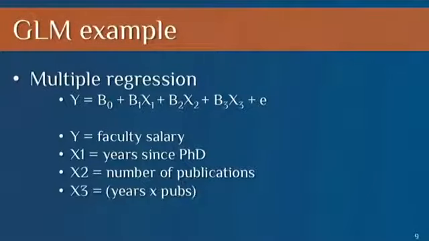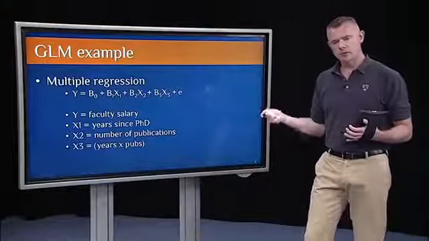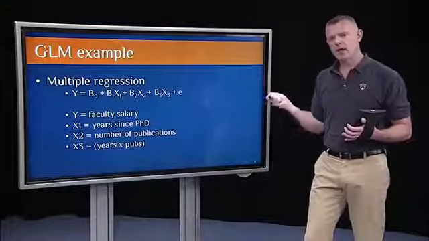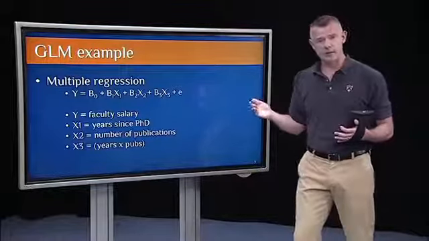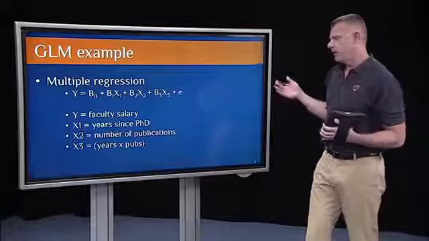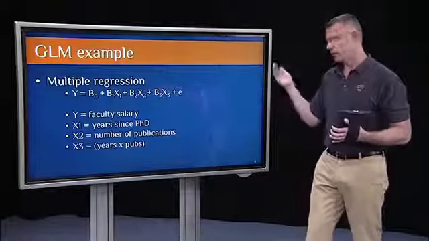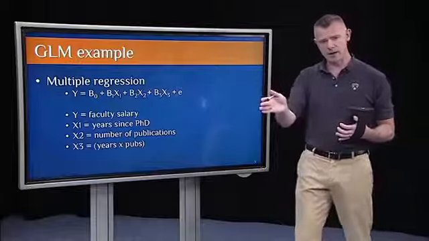We had years since the PhD, and then we also added in number of publications. But we could add in a third predictor that's the product of those first two predictors, and that would allow us to test for non-additive effects. It would allow us to see if number of publications moderates the relationship between years since PhD and salary.